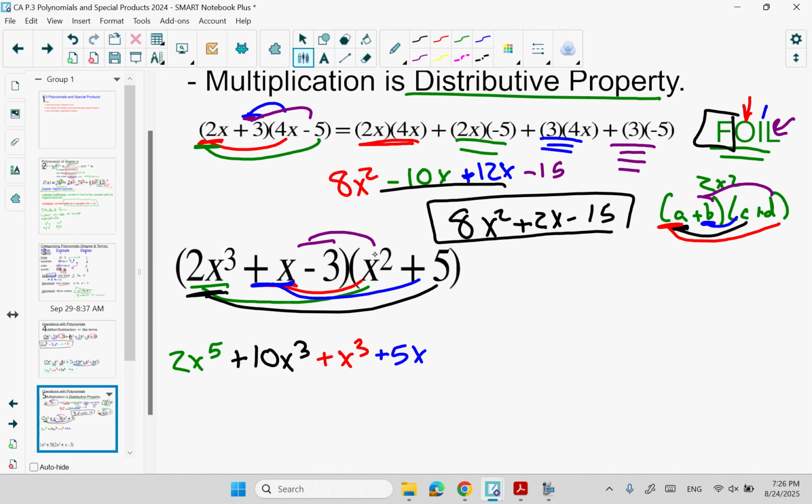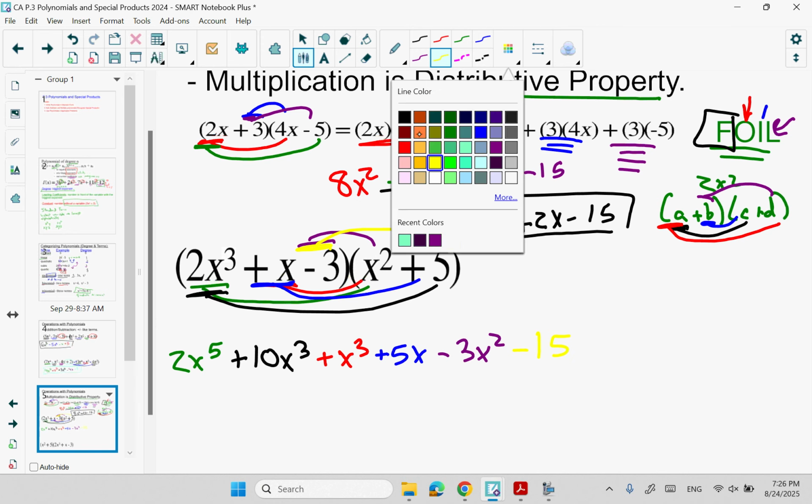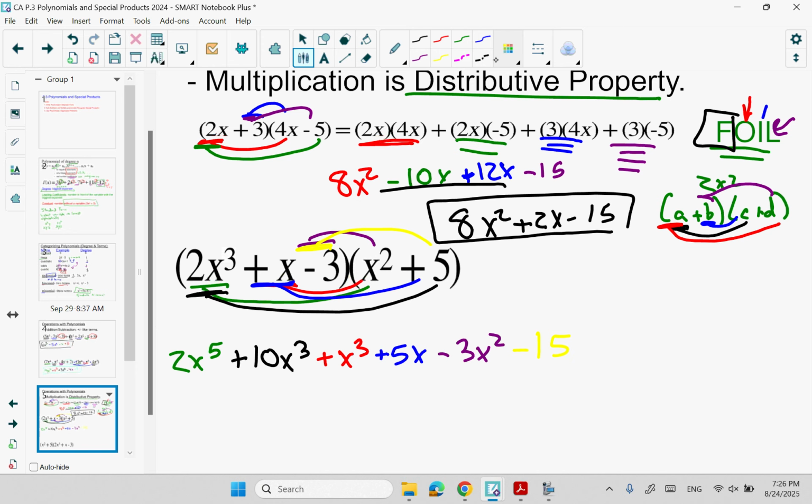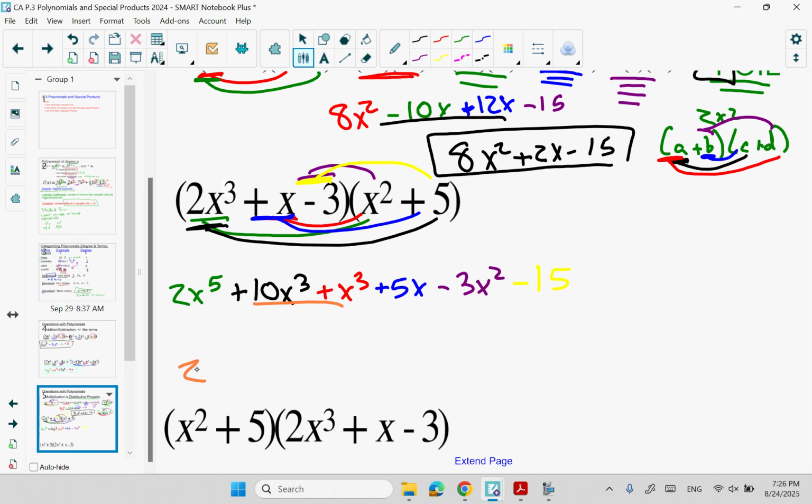Negative 3 times x squared would give me negative 3x squared. And then negative 3 times 5 would give me negative 15. From there, I'm going to have to go through and find some like terms to combine, like these ones. That looks like it. So we're going to get 2x to the fifth plus 11x cubed minus 3x squared plus 5x minus 15.